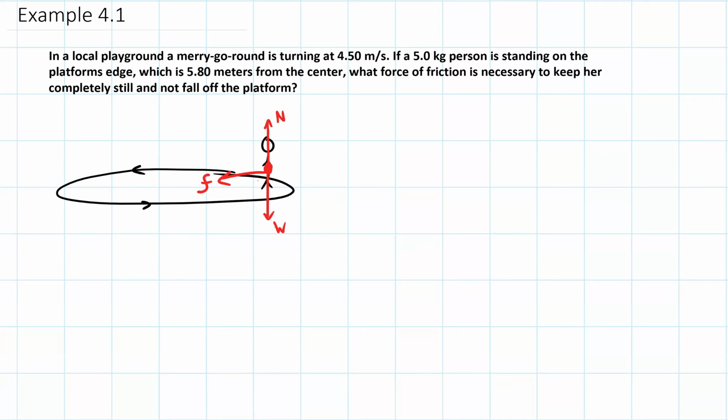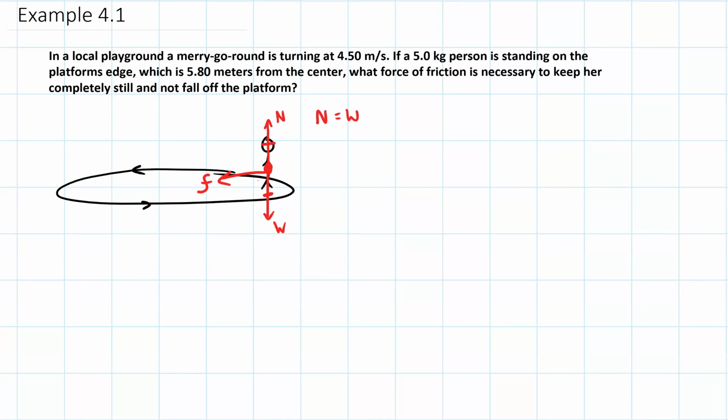Now in the y direction, up and down, there are only those two forces, so they must be equal in magnitude, so we can put little tick marks on there. The only force responsible for the acceleration in this problem, the net force, is coming from that friction force.